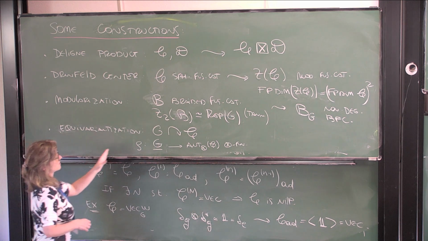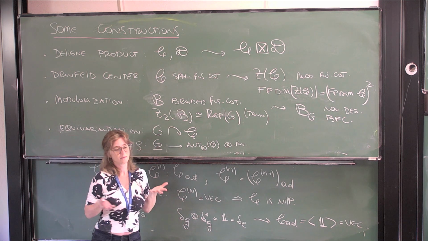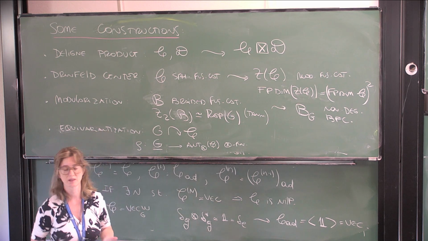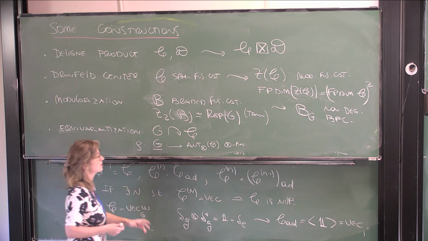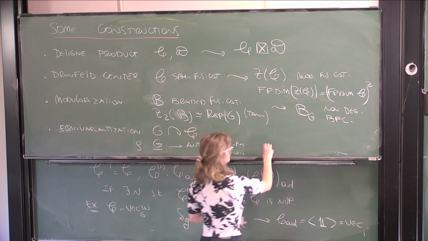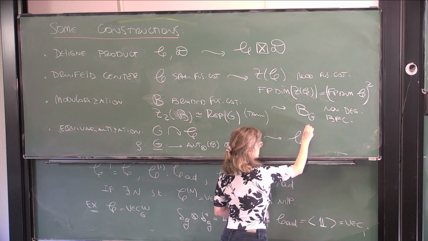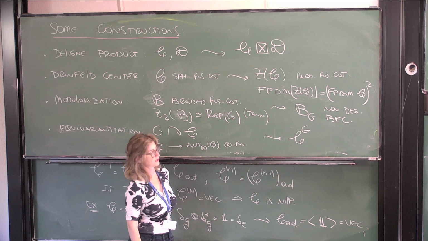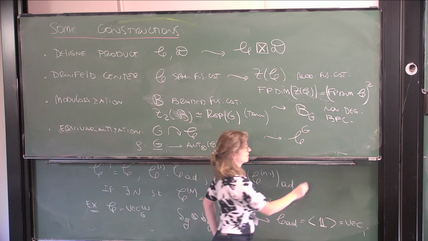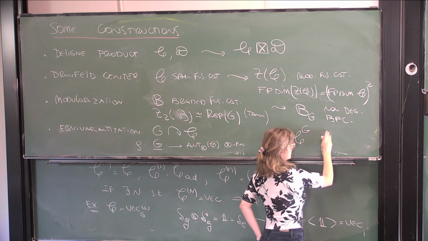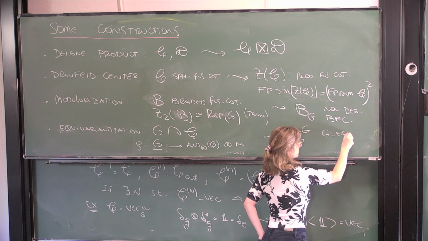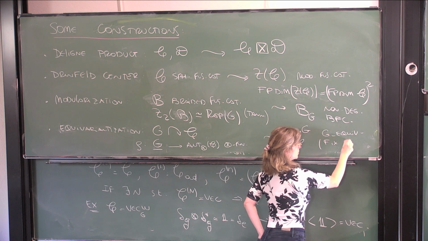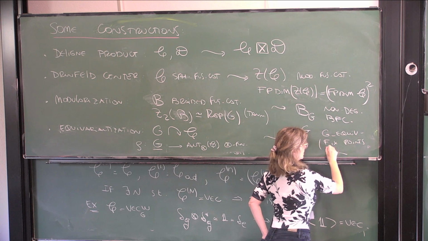But when you have something acting on something else, something that you could do is take fixed points of this action. And that's what this equivariantization does. So associated to this, there is this C^G, let's say, the G-equivariantization. It's the category of fixed points under the action.